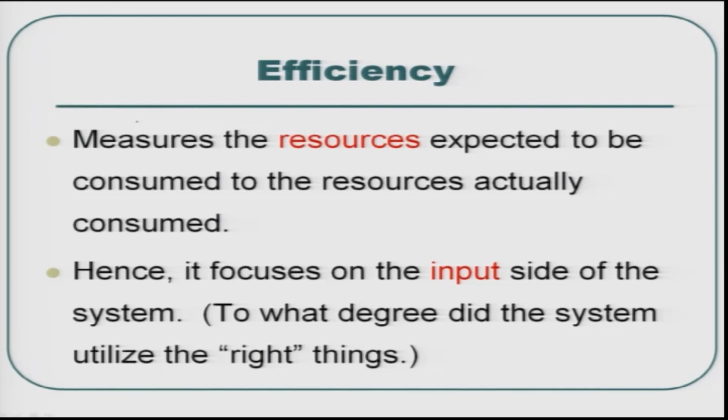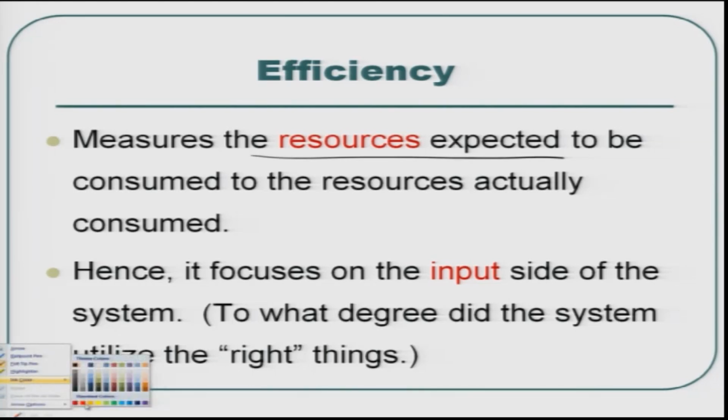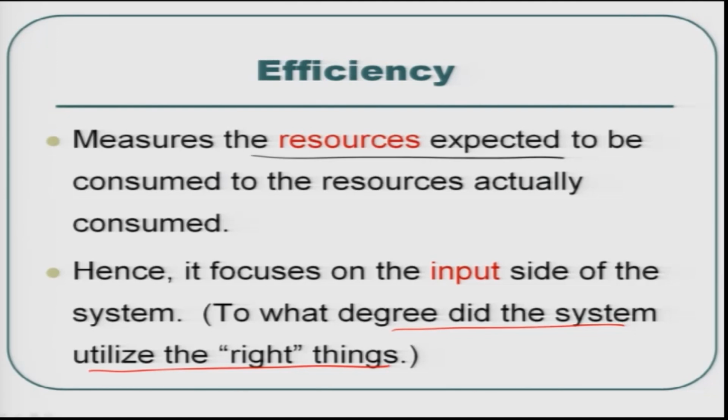Efficiency measures the resources expected to be consumed against the resources actually consumed, or as I mentioned earlier, to what degree the system utilized the right things. So, it focuses on the input side of the system. When we say productivity is equal to output over input, we measure the efficiency.